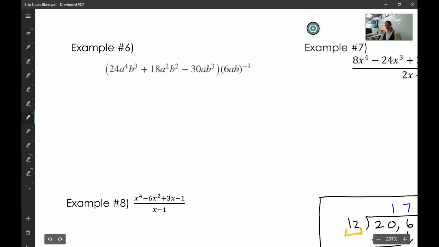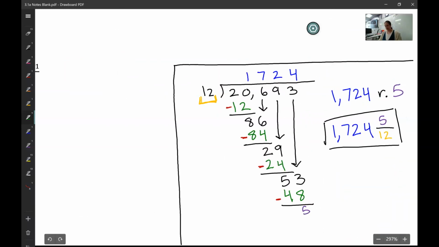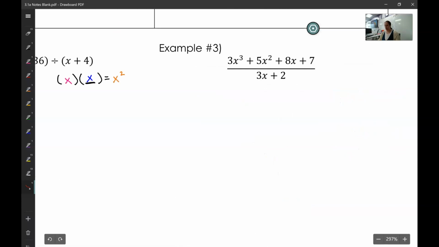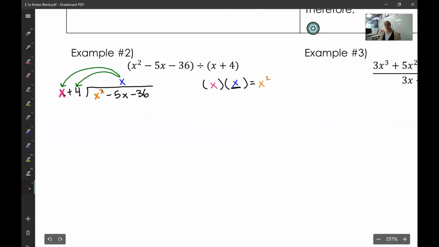Now, let's go back to this one from elementary. The next step that you did here was multiplying your answer to get this number. So 1 times 12 is 12. 7 times 12 is 84. 2 times 12 is 24. So the next step is multiplying. But if we're talking equations, when we say the word multiply, what we really mean is distribute.